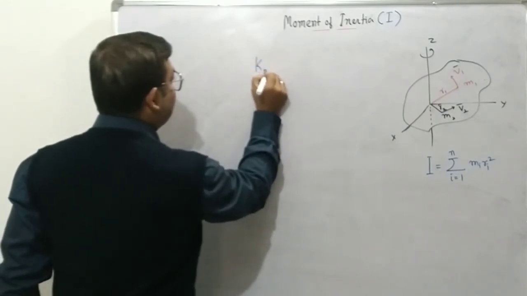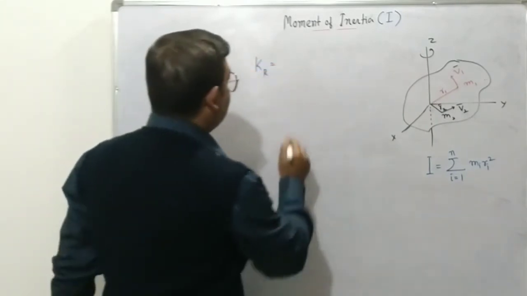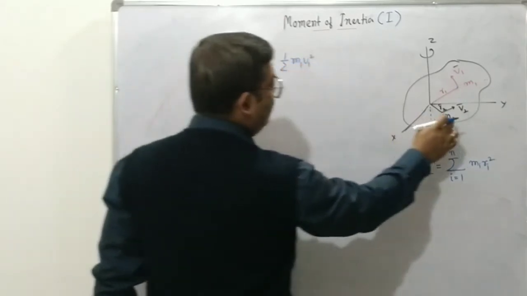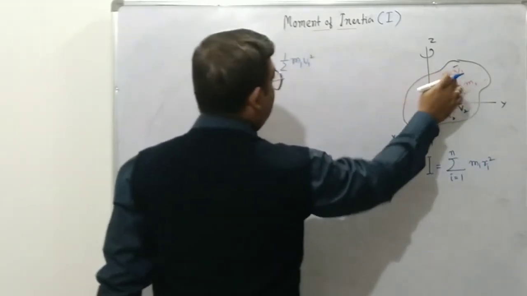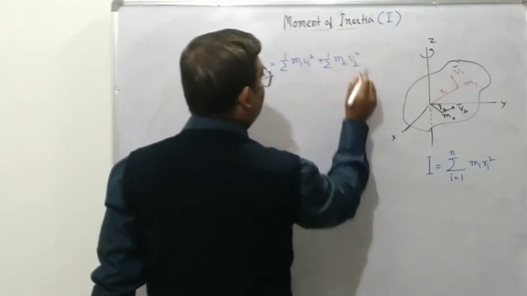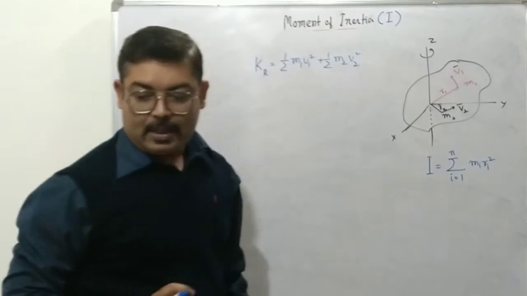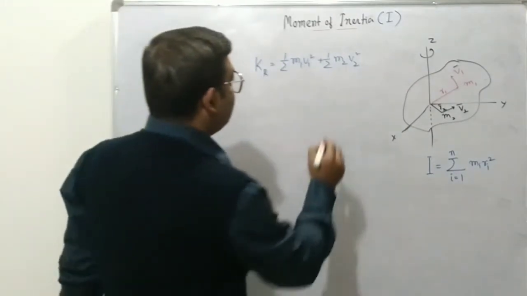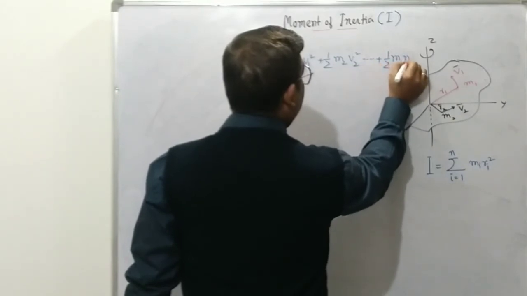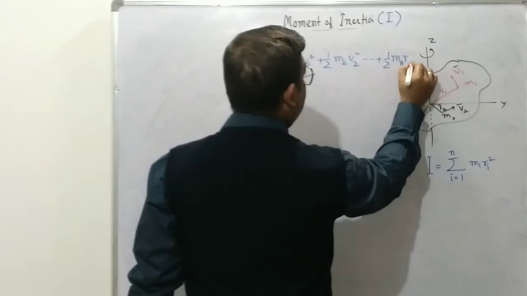Kinetic energy of rotation of the body will be simply half m1 v1 square, where v1 is the velocity of the first mass, plus half m2 v2 square, where v2 is the velocity of the second mass, and so on and so forth, till half m_n v_n square.